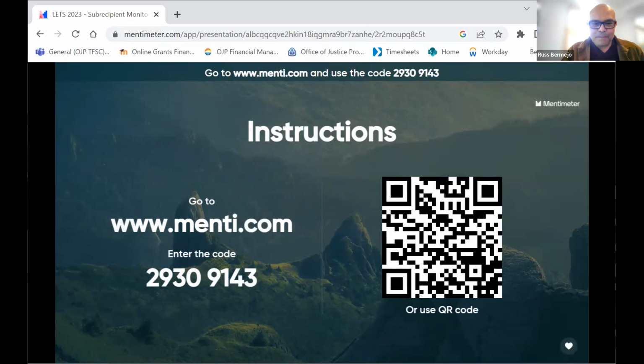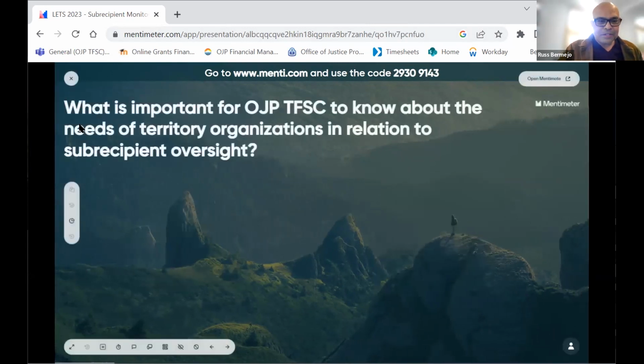So we want to know more about your experiences in subrecipient monitoring. This topic has been identified as one of the priority topics. And this year, the TFC is going to focus quite a bit on subrecipient monitoring, starting with the webinar today. But we'd love to hear what is important for TFC to know about the needs of the territory organizations, your particular community, as it relates to subrecipient oversight.